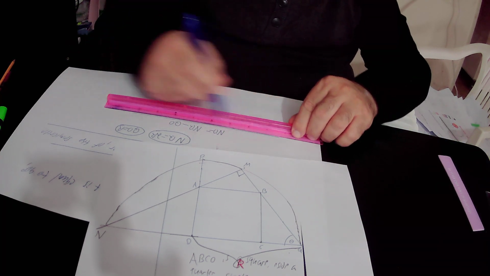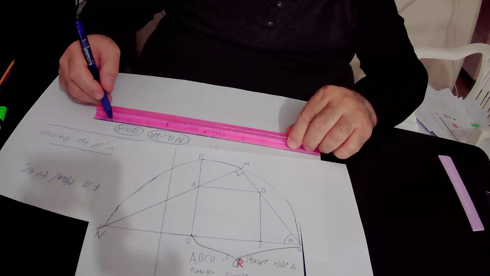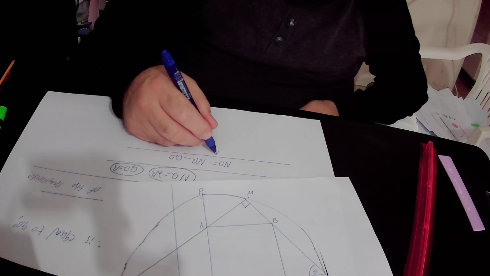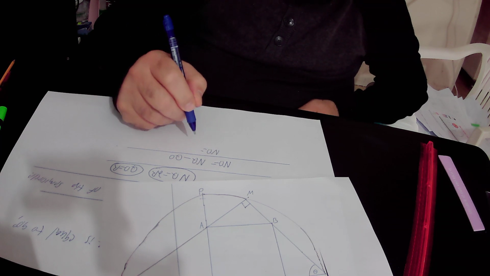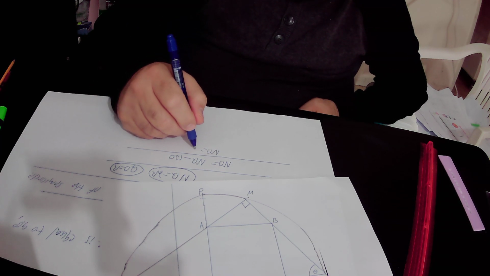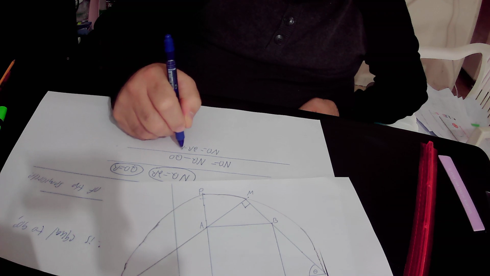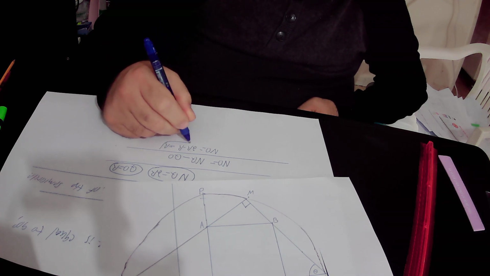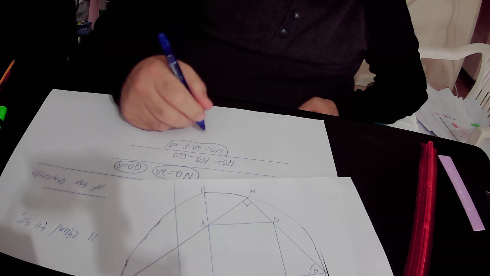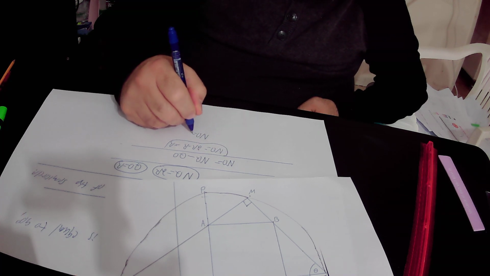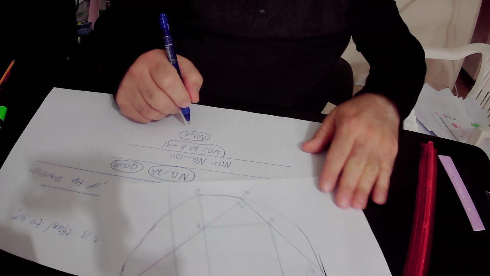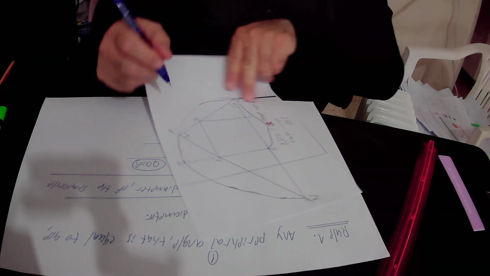The value of line segment NO is equal to NQ minus QO. So NO is equal to NQ, that is 2R, minus QO, that is R. 2R minus R is R, so we found out that the value of line segment NO is R, that is to say it is the radius of the semicircle, and NO equals R.